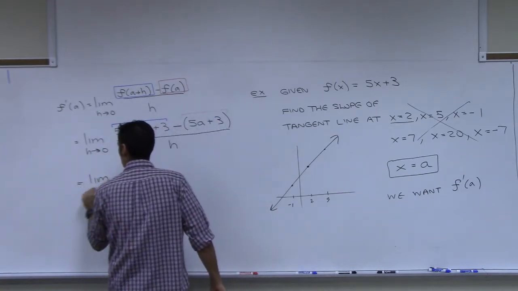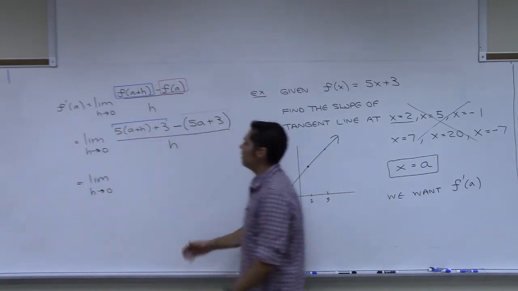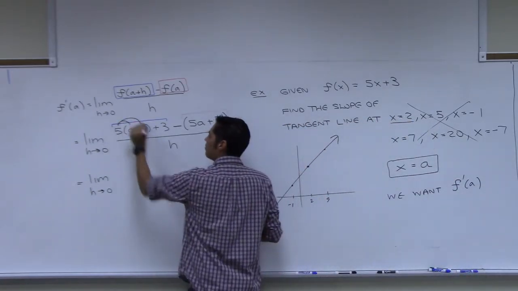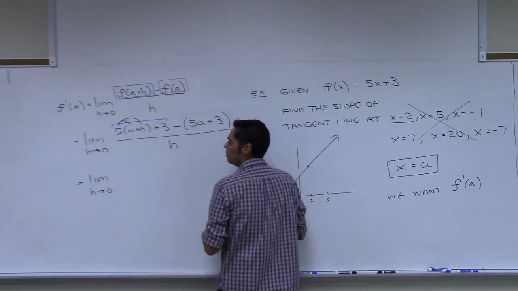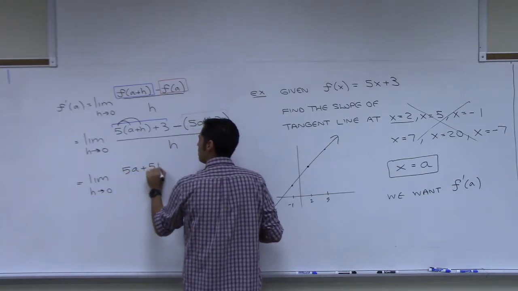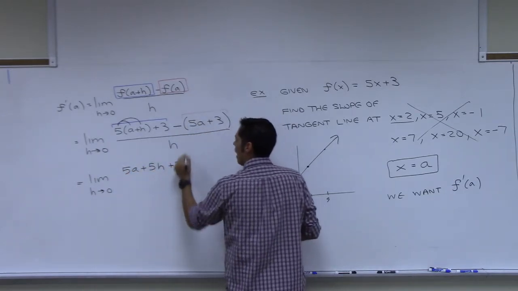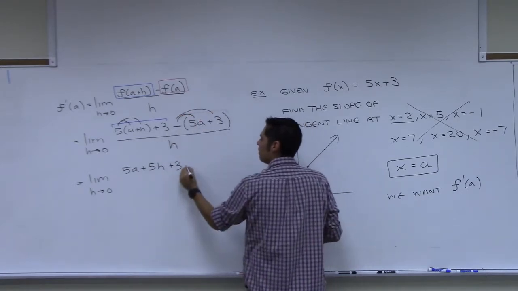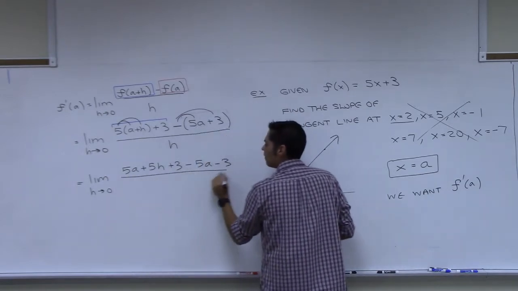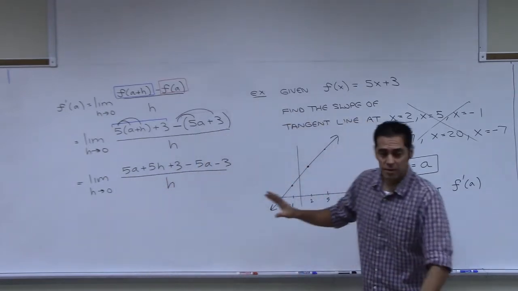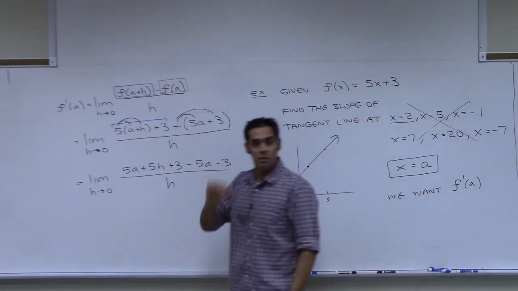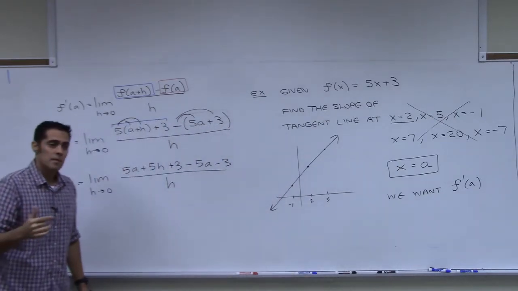Equals limit h goes to 0. Now at this point, let's start to clean the expression up. When I distribute the 5 through, what will I get? 5a plus 5h. Then I still have plus 3. And then when I distribute the negative through here, minus 5a minus 3. Good. All over h. Now, at this point, things should clean up in the numerator.